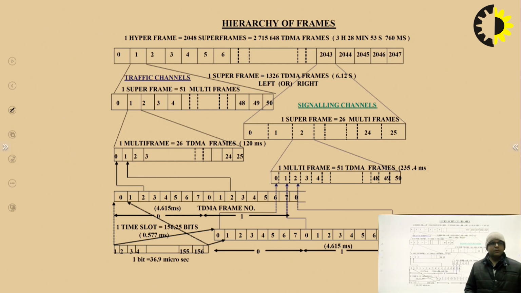This is also the expansion of the frame structure, that is, one hyperframe contains 2715648 TDMA frames and it has a duration of 3 hours 28 minutes 53 seconds and 760 milliseconds. So this is the time duration of the total hyperframe.